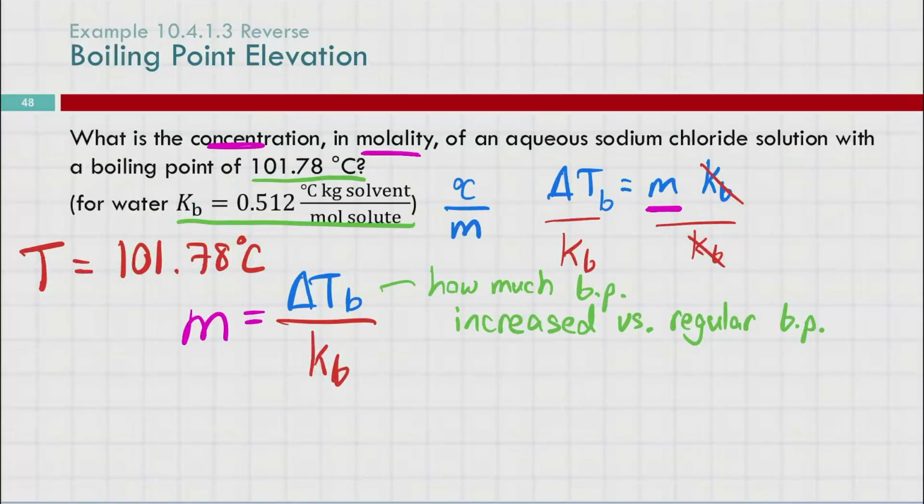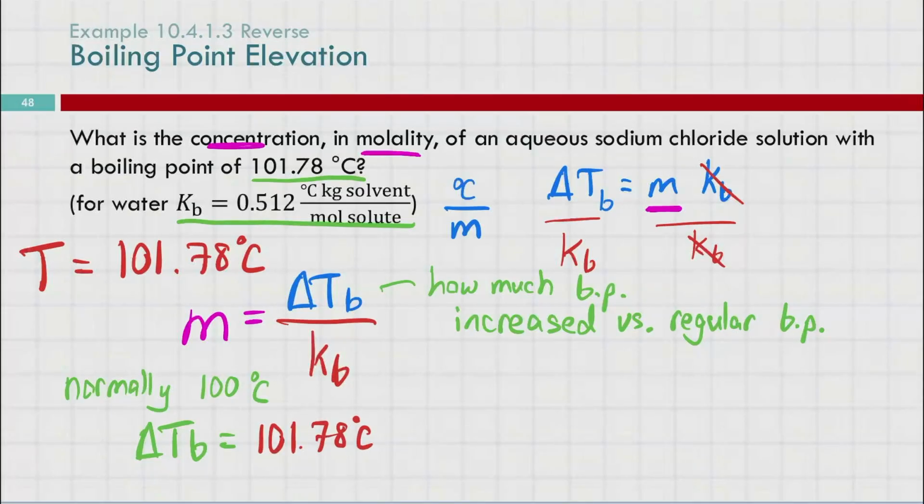What's the value of our normal boiling point for water? What's regular for water? 100 degrees Celsius. It's normally 100 degrees Celsius, but it's 101.78 degrees Celsius. How much did our boiling point go up? 101.78 degrees Celsius minus our normal boiling point. So our delta Tb is 1.78 degrees Celsius.